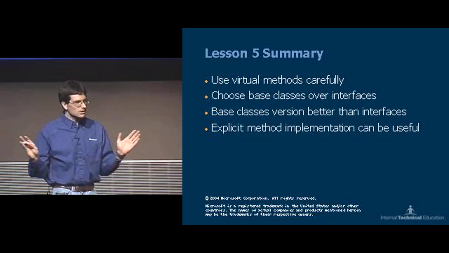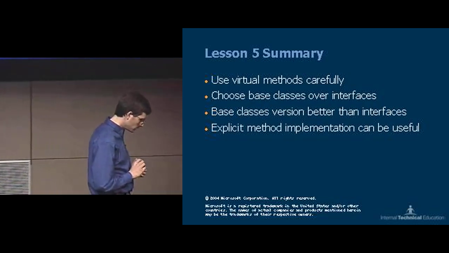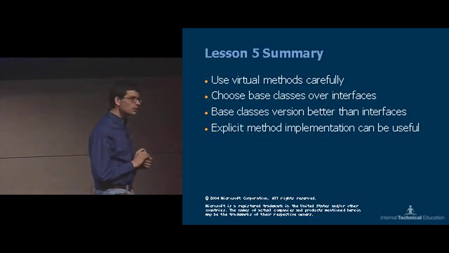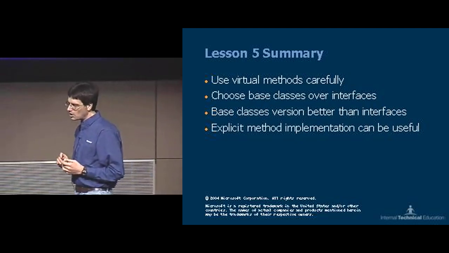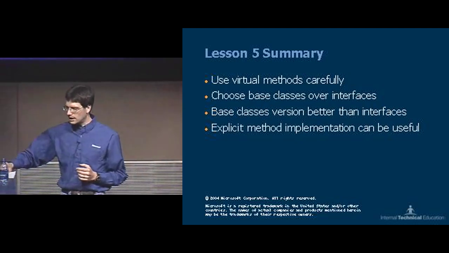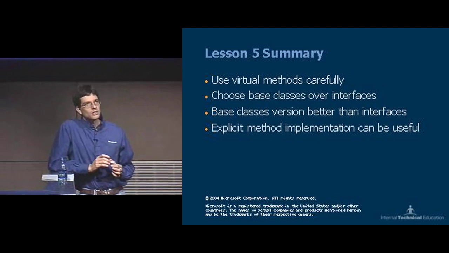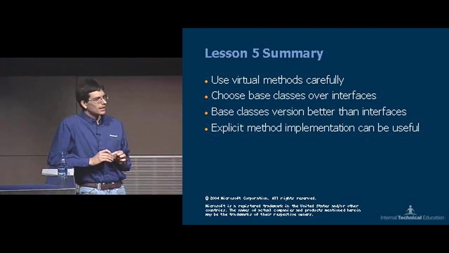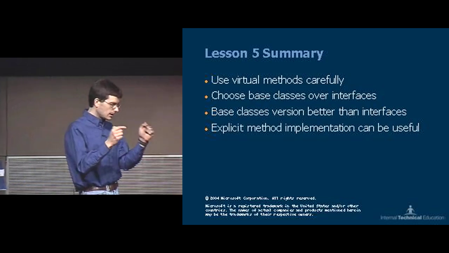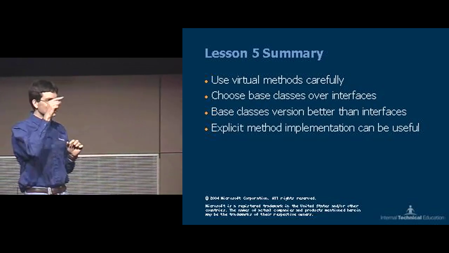Okay, any other questions? Yeah, so the question is, if I override a non-virtual function. If you override a non-virtual function, then you'll get a compile error, and the compile error will ask you to put the new keyword in front of that member, and if you do that, it actually generates a new slot in the V table that does not override.